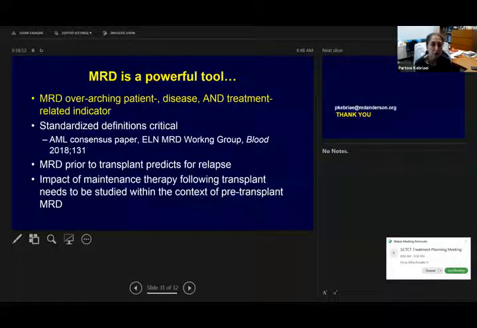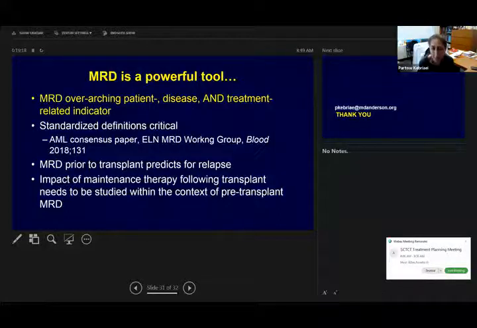So in conclusion, I would say both talks now, I hope, have convinced you that MRD is a very powerful tool. It's an overarching way of looking at patient factors, disease factors, and treatment factors, and allowing us to either early on intensify or de-intensify our therapy.